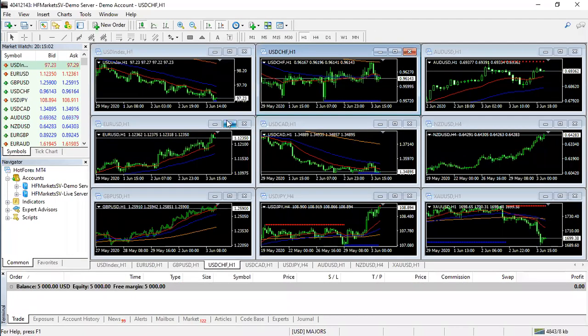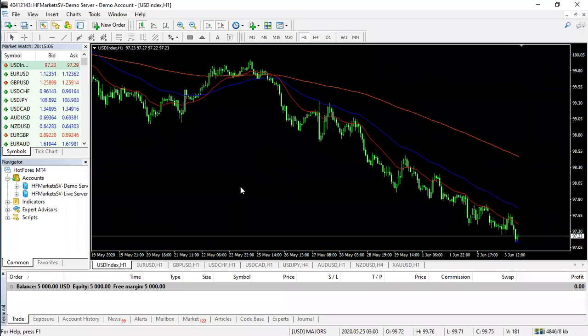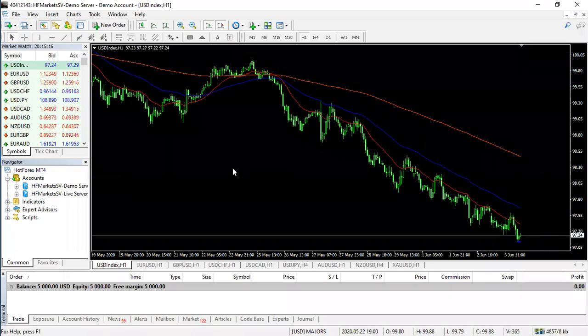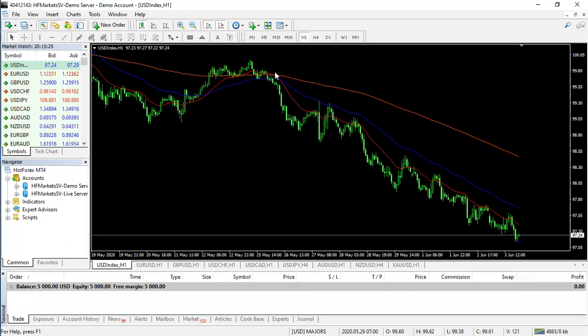So for now assume the indicators, assume the EMAs. Okay, I'll show you how to use them in a few, I'll show you how to make the most out of them in a few.